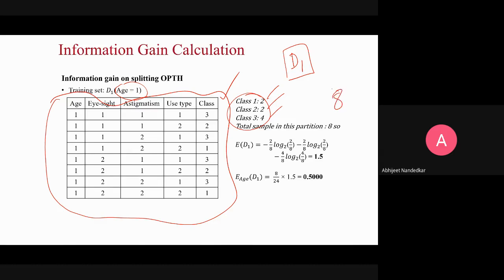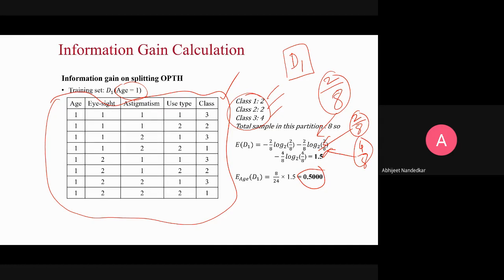So probability for class 1 is 2 by 8. Probability for class 2 is again 2 by 8. And probability for class 3 is 4 by 8. So use these probabilities and your entropy formula, substitute the values, you will get entropy for this small table as 0.5.